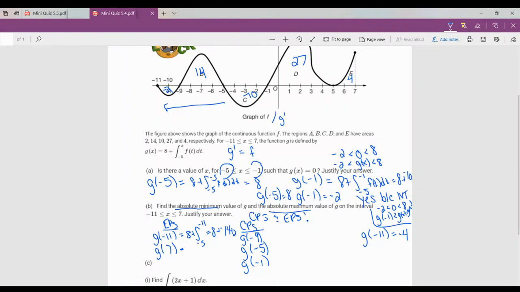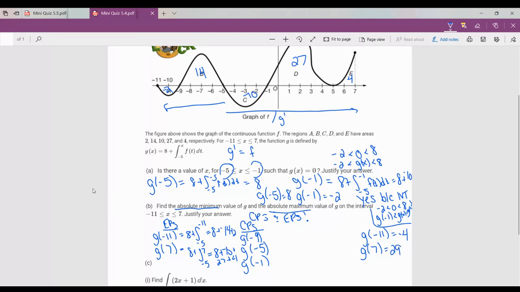Then g of 7: 8 plus the integral from negative 5 to 7, so negative 10 plus 27 plus 4. 8 plus negative 10 is negative 2, plus 27 is 25, plus 4 is 29. So g of 7 is 29.